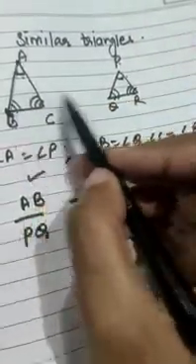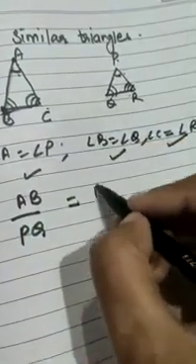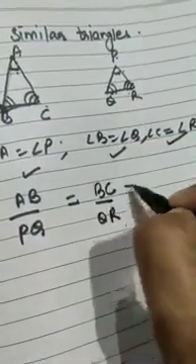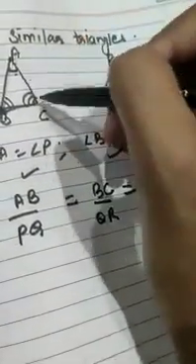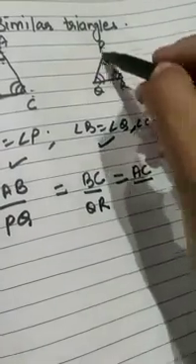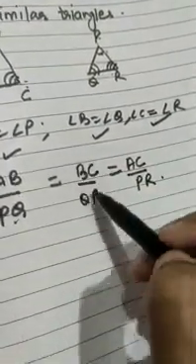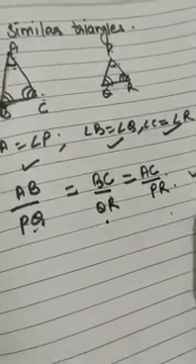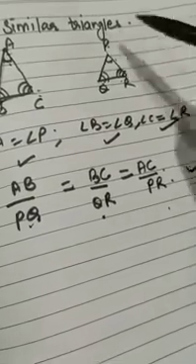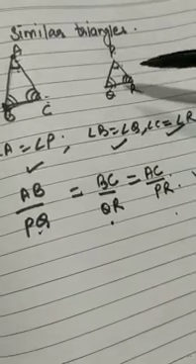Then B equals Q, C equals R, so by joining BC and QR we have BC upon QR. A equals P, C equals R, so by joining A and C we have AC, and by joining P and R we have PR. So AB upon PQ is equal to BC upon QR is equal to AC upon PR. In this way we can say that two triangles are said to be similar if their corresponding angles are equal and sides are in proportion.